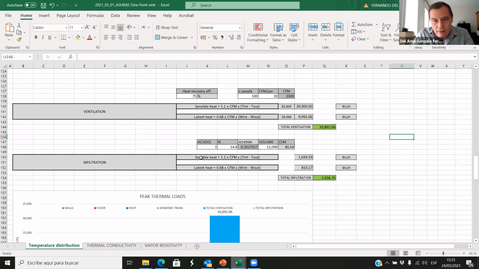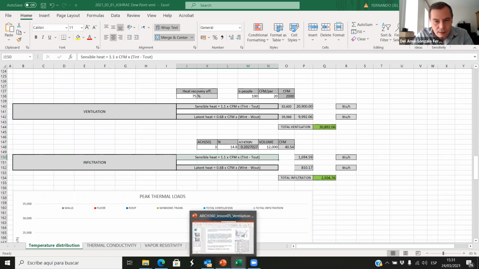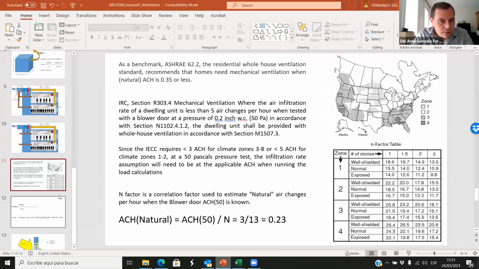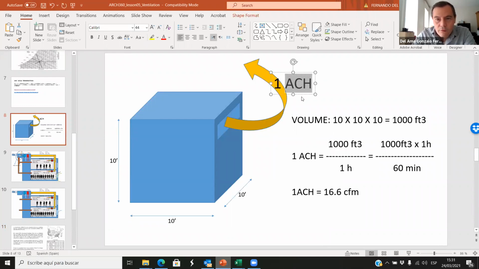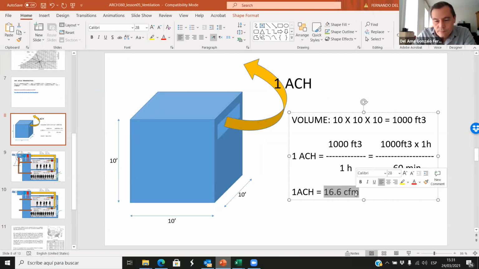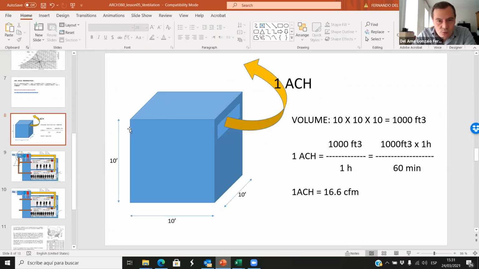So here we also have the infiltration rate because of the sensible heat and the latent heat. The thing is that we have to turn this from air changes per hour to CFM. And that's a different thing that we have to understand today. Okay, so how can we convert air changes per hour into CFM? Imagine that we have this room.